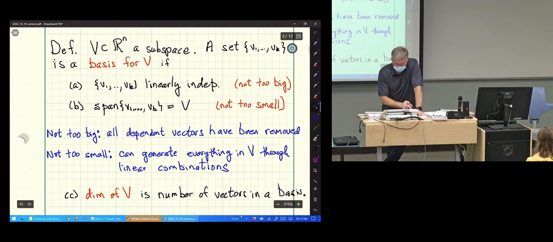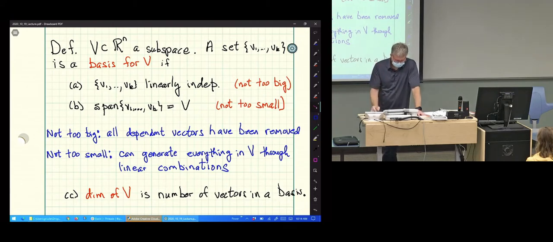And then this is just recalling that we have this thing called a basis. It's a set of vectors that are not too big, meaning they're linearly independent. So anything dependent, we've removed it. And yet it's big enough, so it's not too small, because when we generate linear combinations from the vectors, we get everything in our subspace. So that's the notion of a basis.